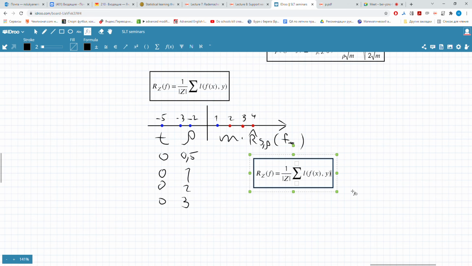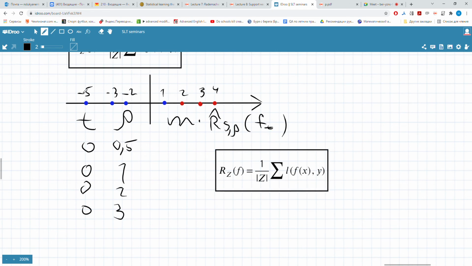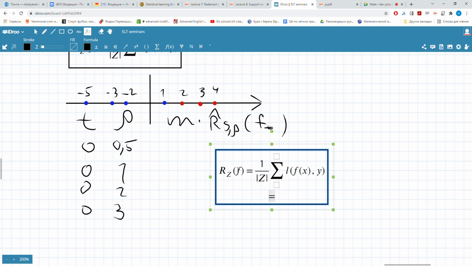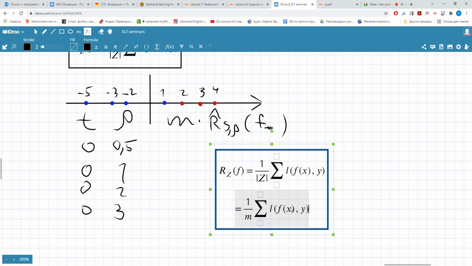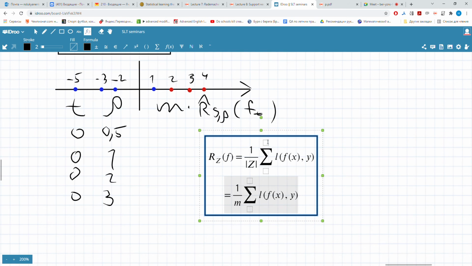Let's think about it. Our Z is a training sample, if you understand. So if we want to compute this expression, what can we do? First of all, we can rewrite it as 1 divided by m, and we need to compute the values of the loss function.